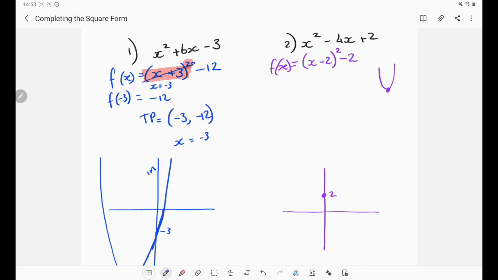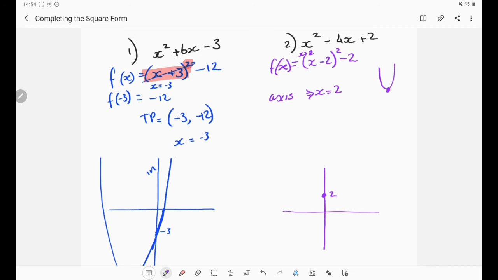The only way that will work is if our bracket equals 0, because otherwise it will be a positive thing getting added on. So x take away 2 equals 0. X would have to be 2. And that's how you find your axis of symmetry at that point. So the axis is x equals 2.